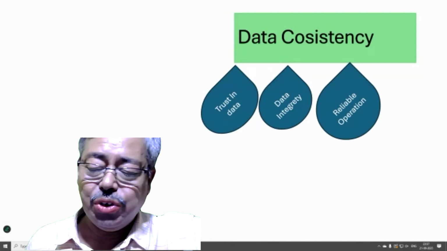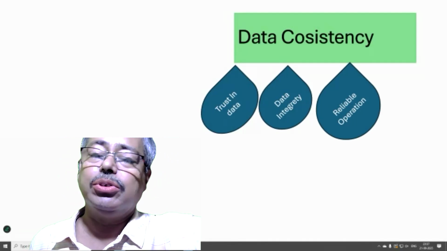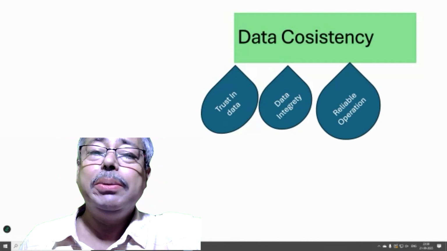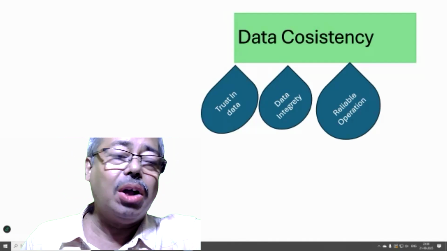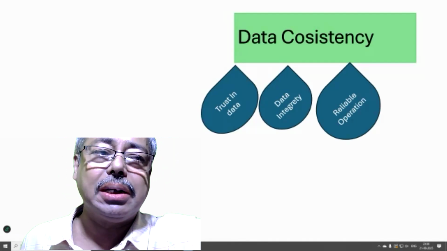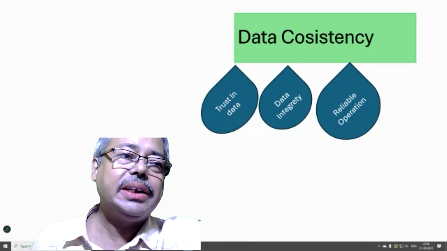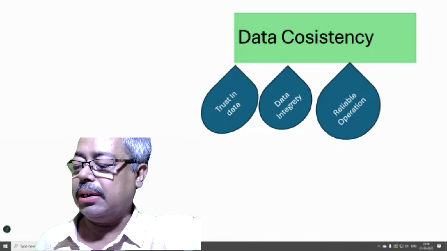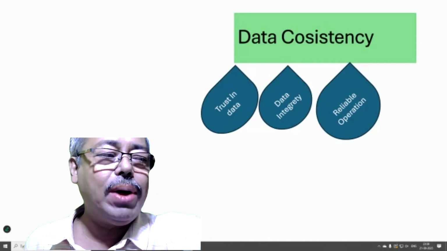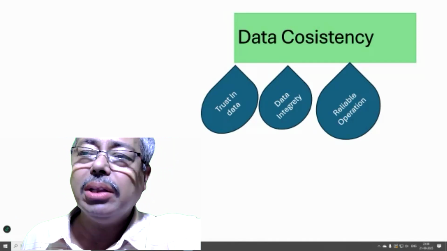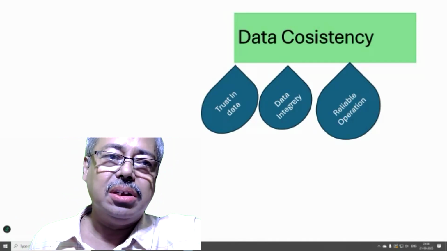When I withdraw from my account, it will be debited. If I deposit money, or transfer from one account to another, on one side it will be debited and on the other side it will be credited.